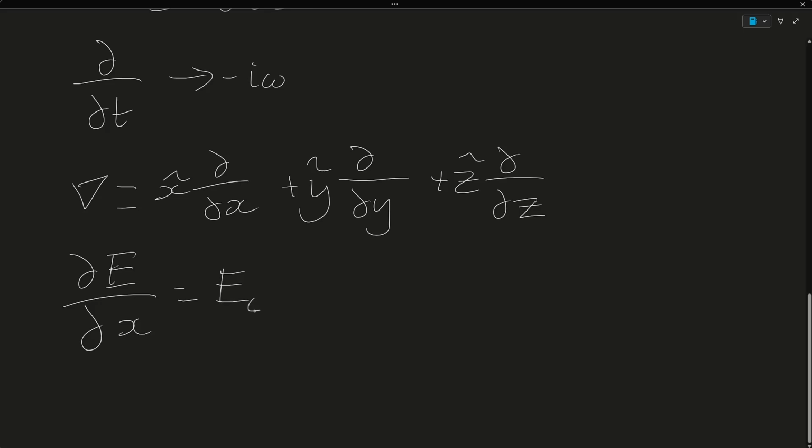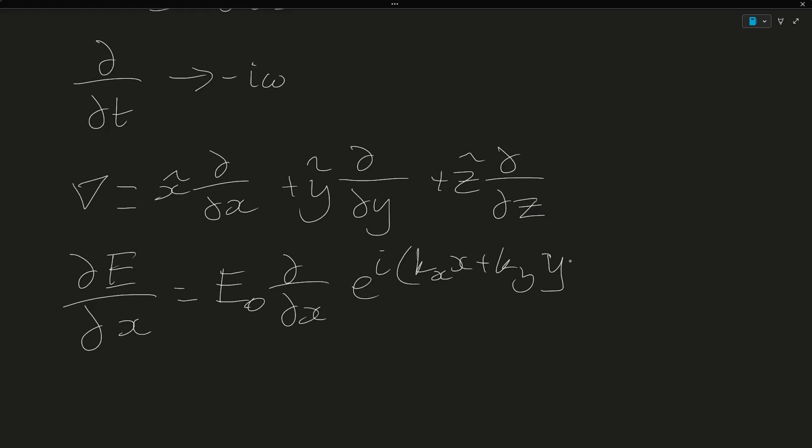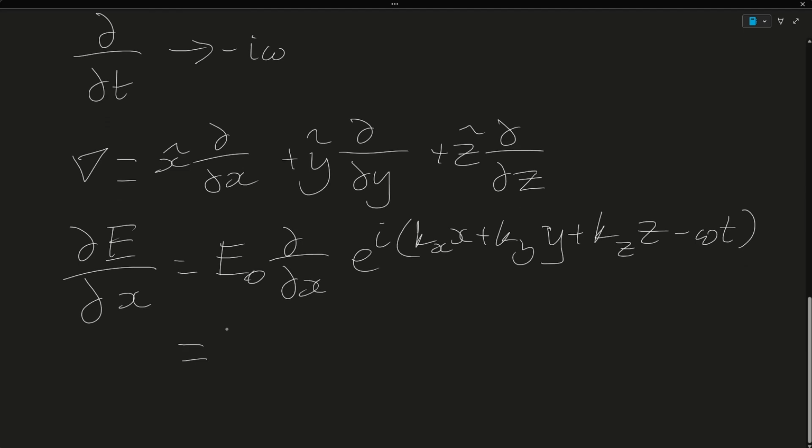So this would be E0 times the partial derivative with respect to x of e to the i(kx x plus ky y plus kz z minus omega t), don't forget. What does that equal?